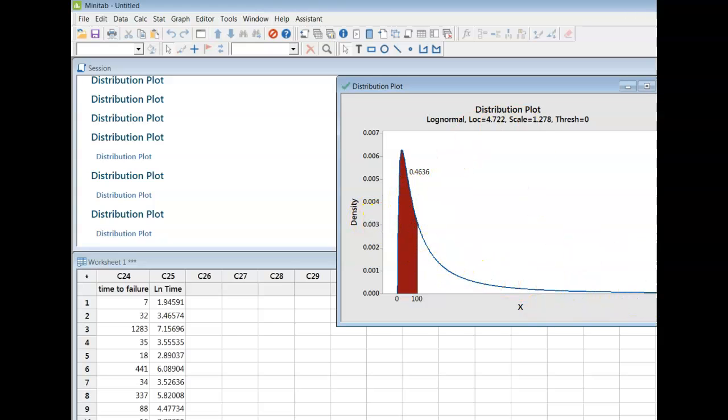It doesn't have that bell-shaped curve. But the area to the left of 100, from 100 back to 0, is 0.4636. So this is the same answer we got when we used the normal distribution with the log data in order to get the answer.